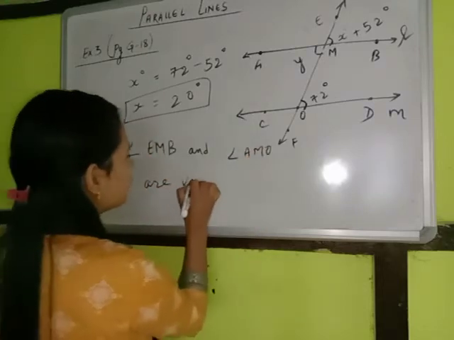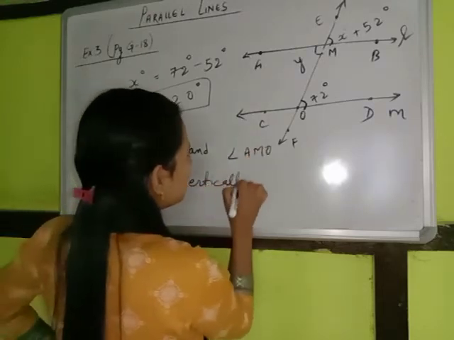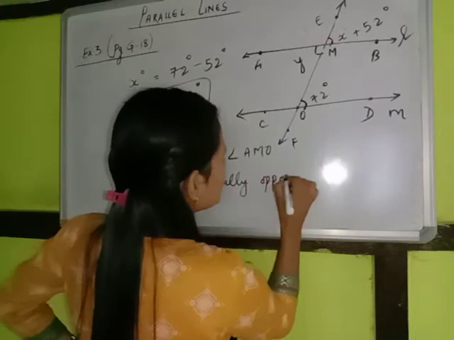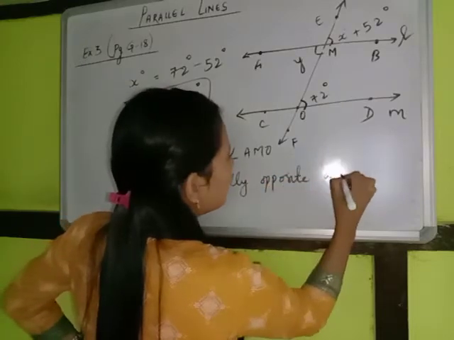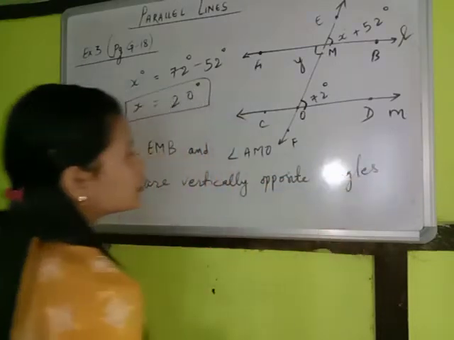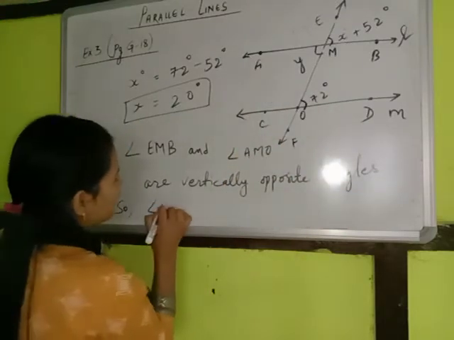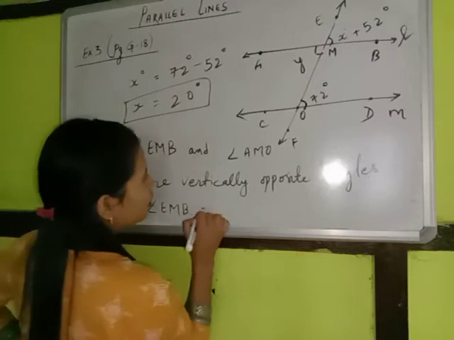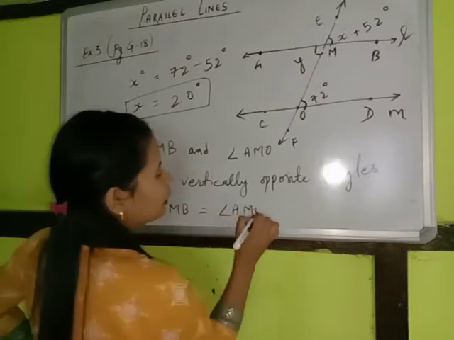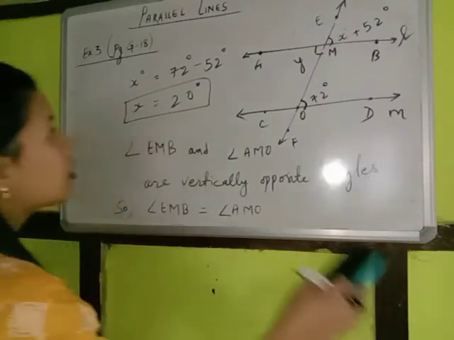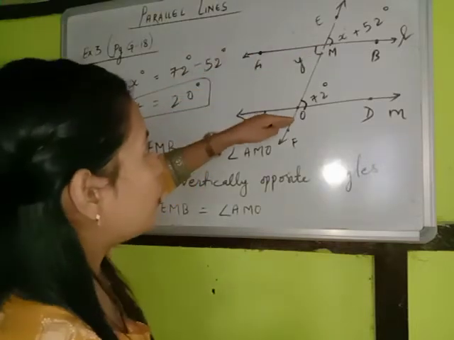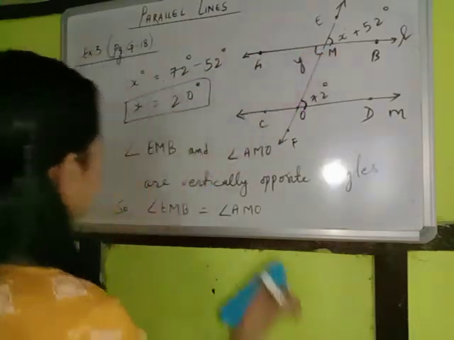Angle EMB and angle AMO are vertically opposite angles, right? So, their measurements will be equal. So, this angle AMO is equal to EMB.